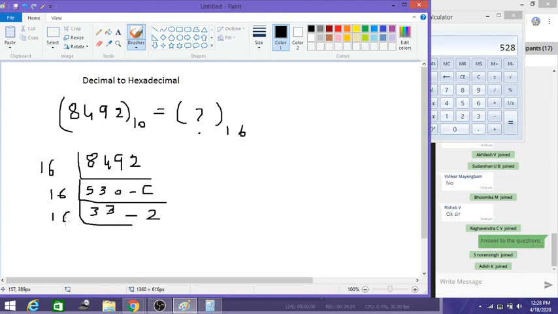Then you divide the 33 by 16, we will get somewhere close to 2, and we will get a remainder as well. Now again we have to read from the bottom. So the number is 2 1 2 C, so the number we will get is 212C to the base 16. So this is how we can convert the decimal to hexadecimal number.